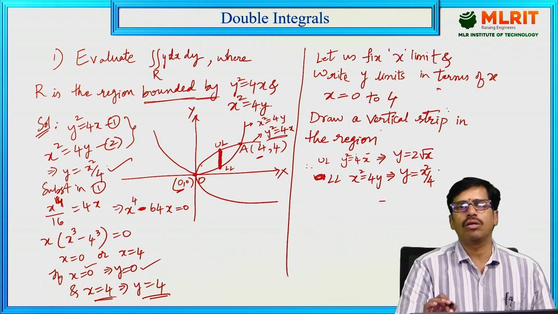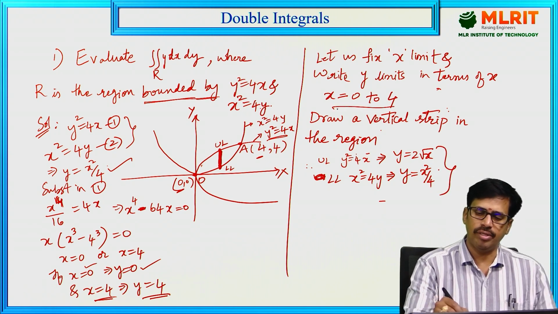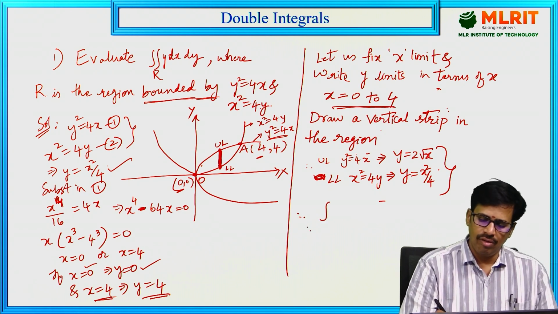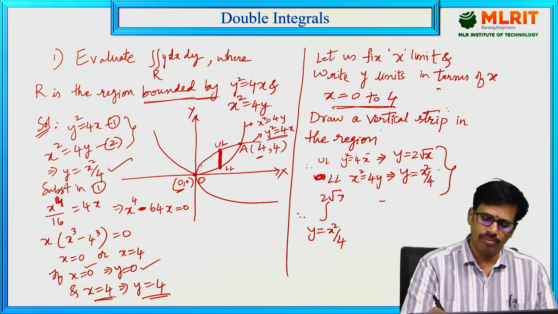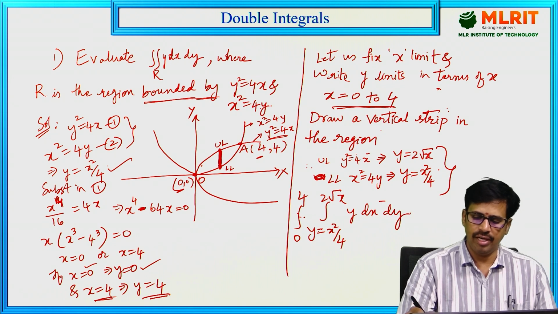Now we have both the y limits and x limits. So this can be evaluated as y from x square by 4 to 2 root x, and x limits 0 to 4, and the function is y dx dy.